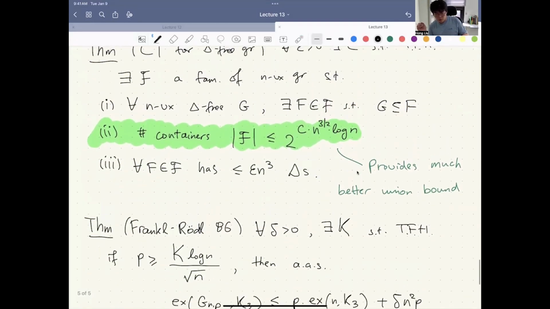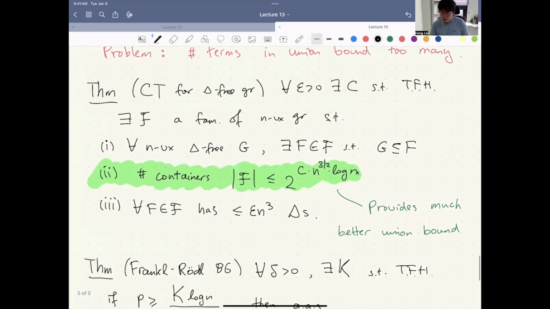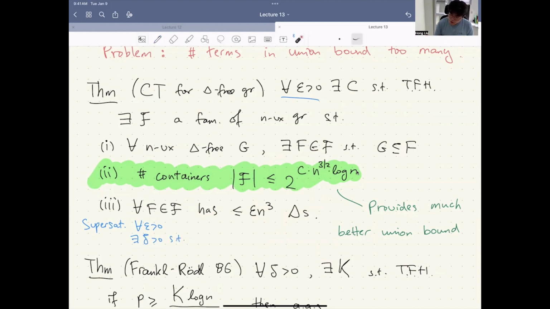there's one thing I forgot to say. Here, for the supersaturation that we mentioned, for every epsilon that we fix here, there exists delta such that whenever a graph has at most epsilon n cubed triangles, the number of edges in this graph cannot be much larger than the extremal number of K3.